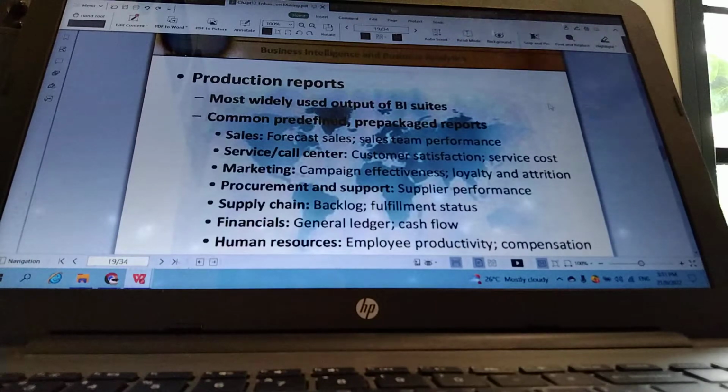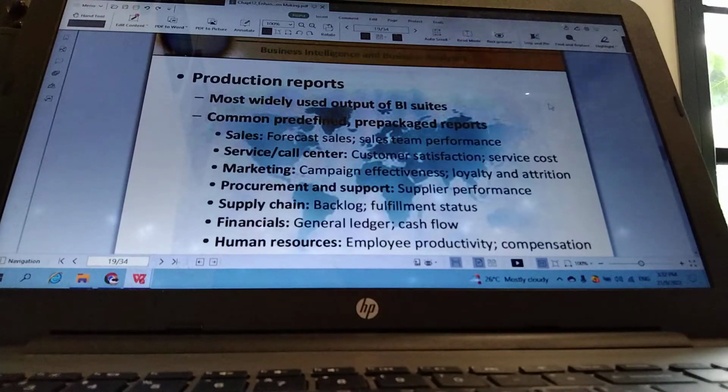Next, we have marketing related reports such as campaign effectiveness, loyalty, and attrition related reports that can be generated out of this BI system. When it comes to procurement and support, the department involved in purchasing product items required by the business might want to look at supplier details, supplier performance, cost involved, and so on.